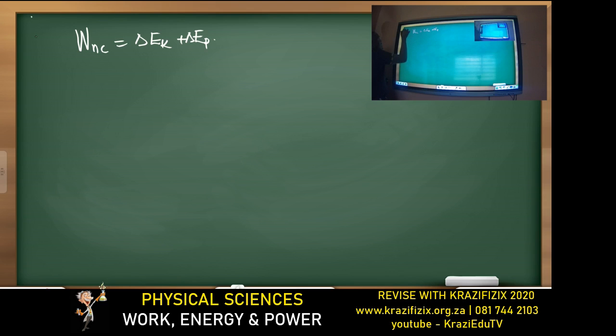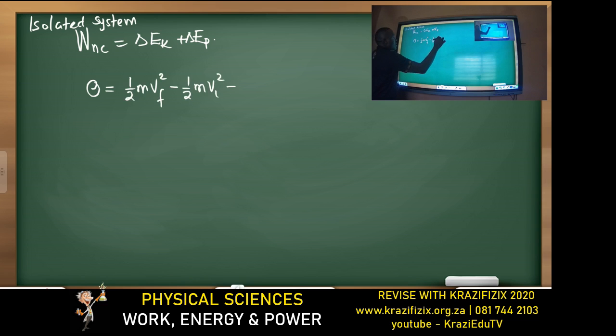So in an isolated system, this is 0, and this becomes half m Vf squared minus Vi squared, we subtract, plus mgh final minus mgh initial.